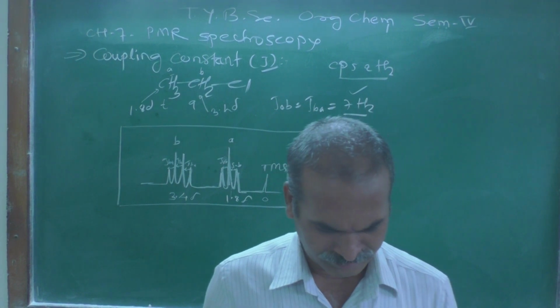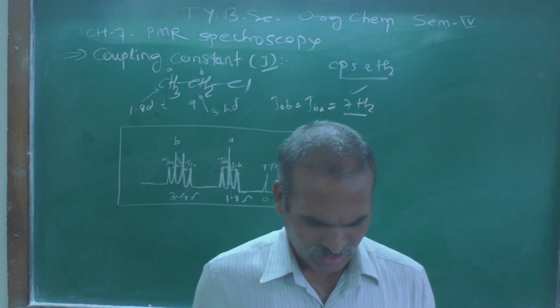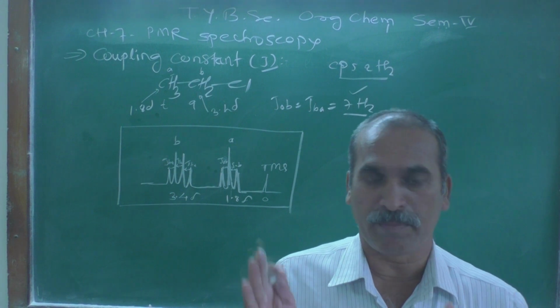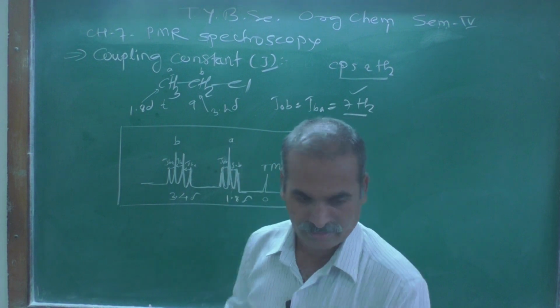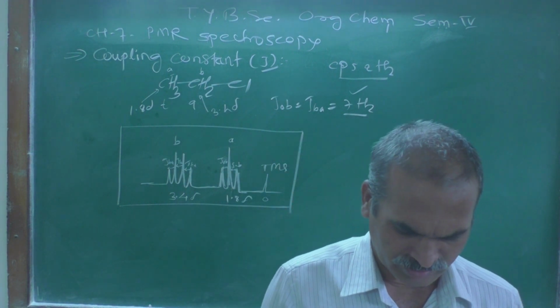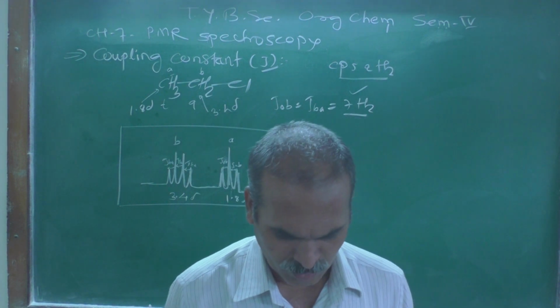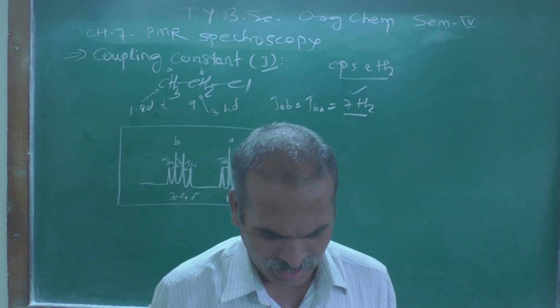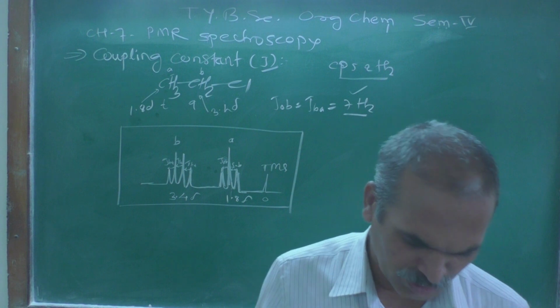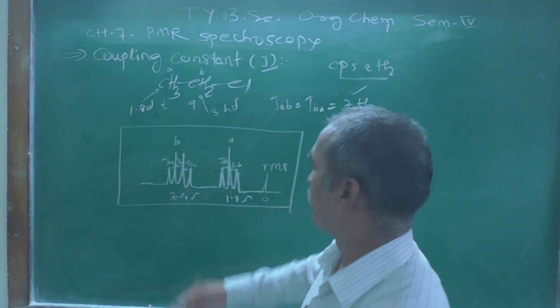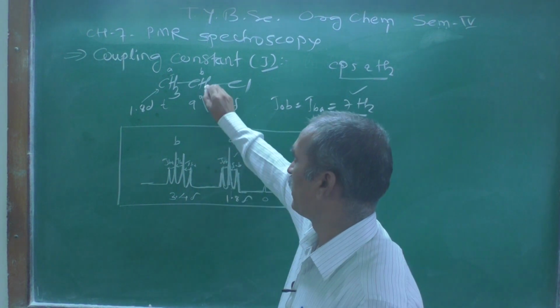Methyl proton A has two neighboring protons. Look here, two neighboring protons, and therefore their signal at 1.8 delta is split into a triplet. Here this is a triplet.